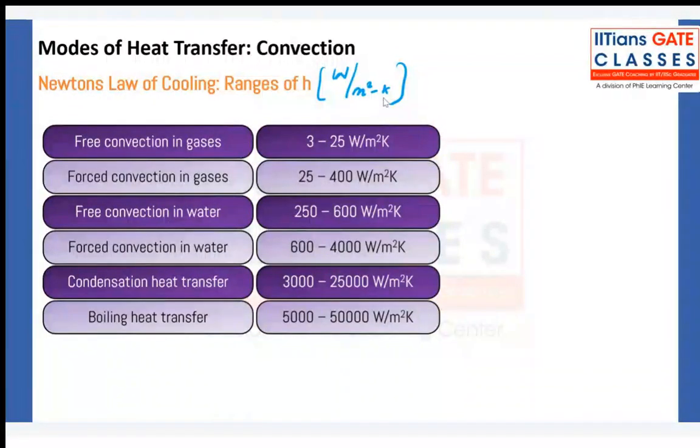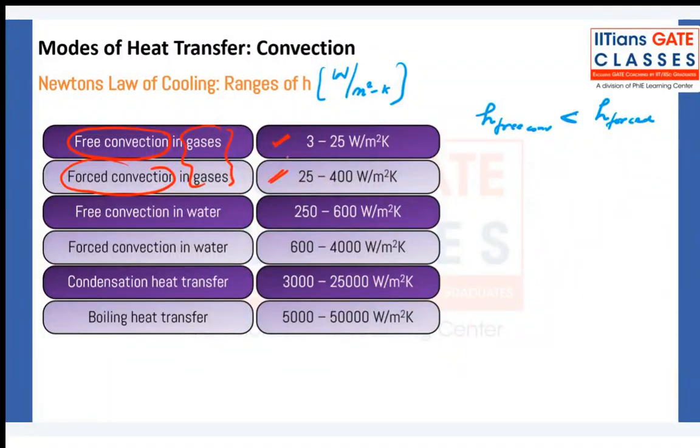You also need to know that the heat transfer coefficient in free convection is always less than in forced convection. Here we have free convection and forced convection in gases. The gases are the same, but of course free convection will have a lower h and forced convection will have a higher h.